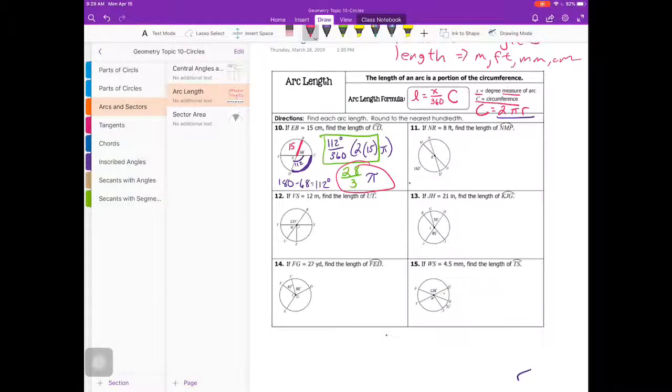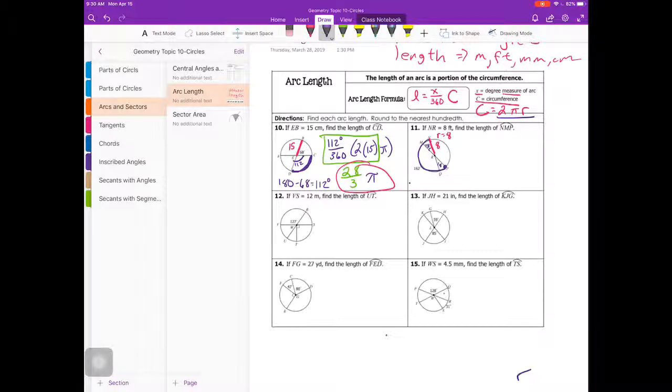Now, number 11, they give us that NR is 8, so our radius is 8, and we need to find the length of N to M to P. And so if MQ is 162, then that means that this arc right here is 18, and so this arc right here is also 18.